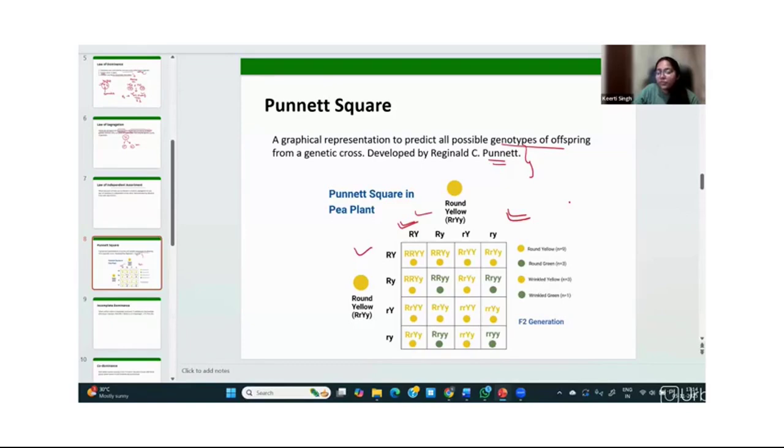Whatever types of gametes are generated, we can then make a cross and produce the final offspring, right? So it's a representation technique where you can easily make the gametes and cross them to see the resulting pattern, right? This was developed by Reginald C. Punnett. To honor him, it is called a Punnett square, right?